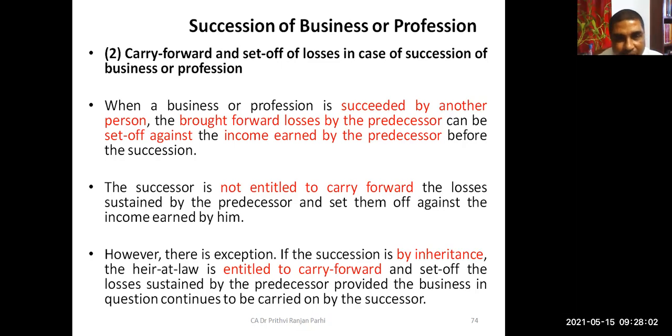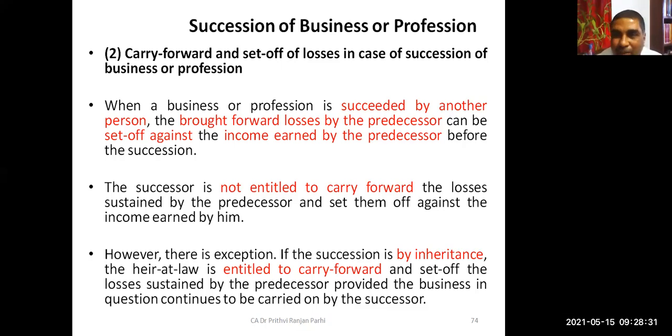Yes, sir. Okay. Suppose you have a business and you sold it to someone. He cannot carry forward your losses. He can set off against whatever income is there till the date of succession, but he cannot carry forward. But there are certain exceptions where it can be carried forward. What is that exception? If the succession is by inheritance.